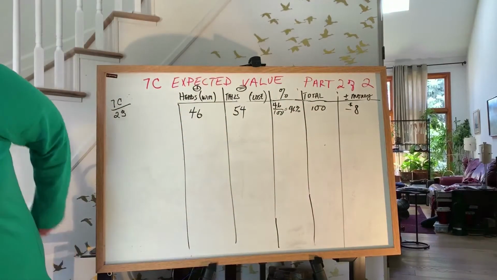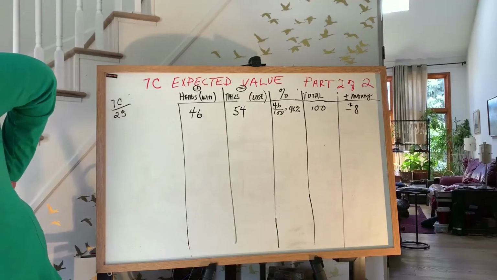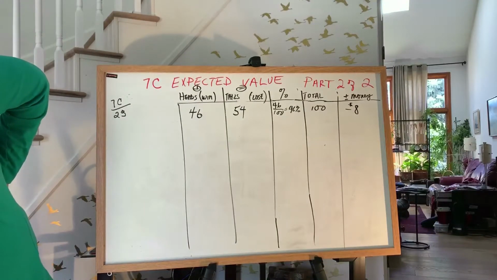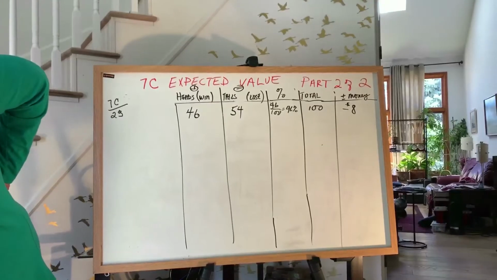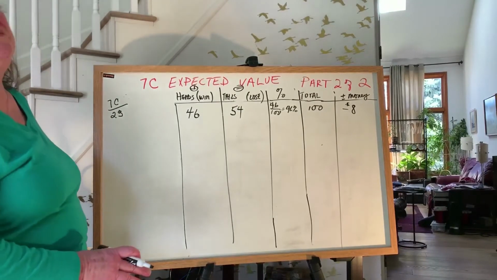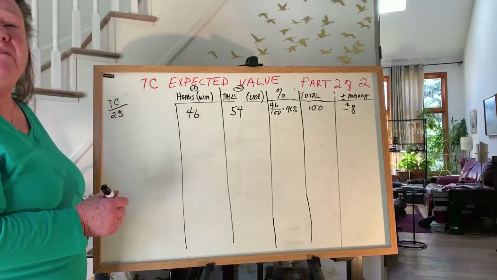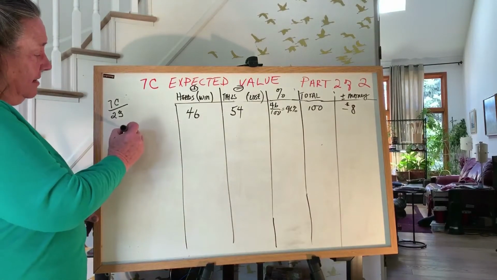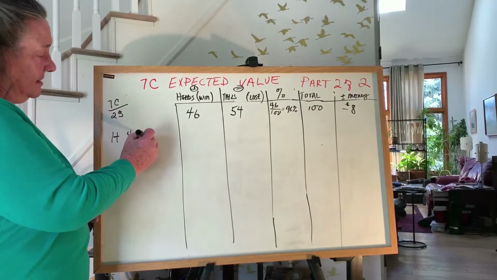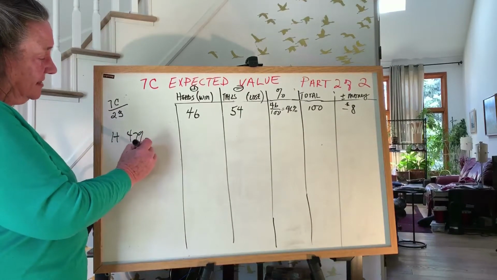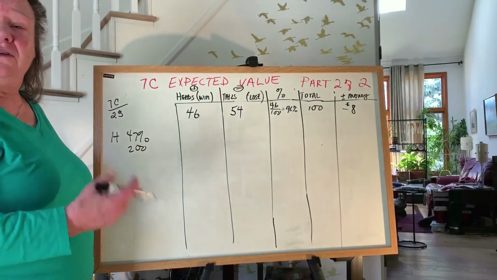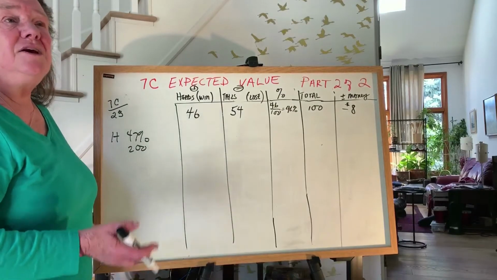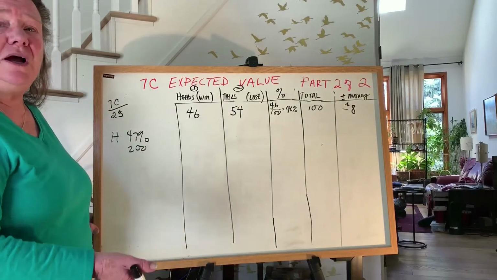Okay, the B part says, suppose you toss the coin 200 more times and you get heads 47% of that time. Okay, heads 47% in 200 tosses. Well, you have to ask yourself, what is 47% of 200?